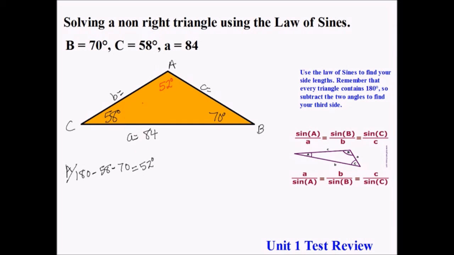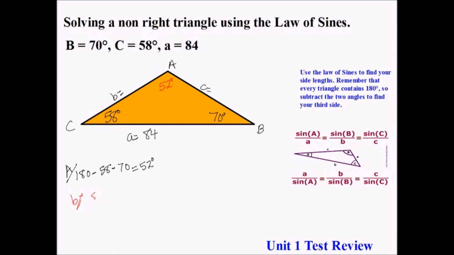To find little b, let's use sine of A and sine of B, since we have both the top and the bottom. So to find little b, we're going to do the sine of 52. And actually, let's go ahead and explain that. I have big A, I have little a, I have big B, but I don't have little b.